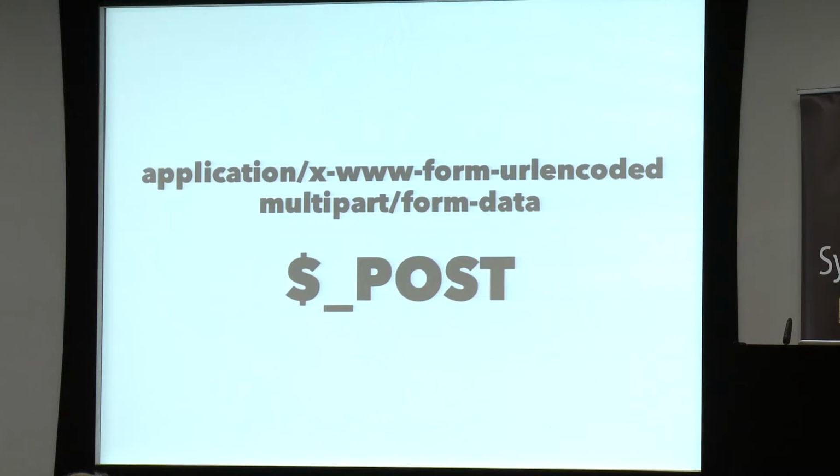The server request also has a parsed body. This is kind of an interesting concept that I haven't seen a lot of people play with too much yet. If the content type is the standard www form URL encoded or multipart form data, the content of the parsed body should be the contents of POST to start with.